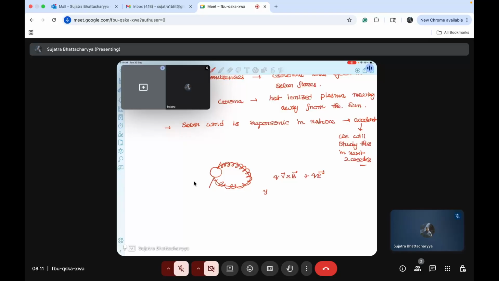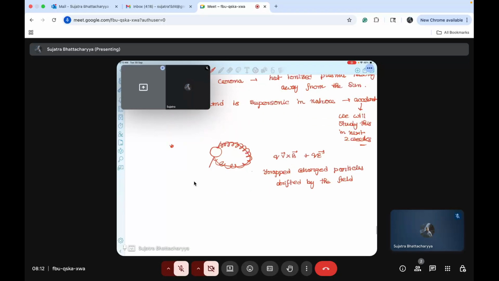So the trapped charged particle gets drifted by the field, the magnetic field, and they follow a helical path.